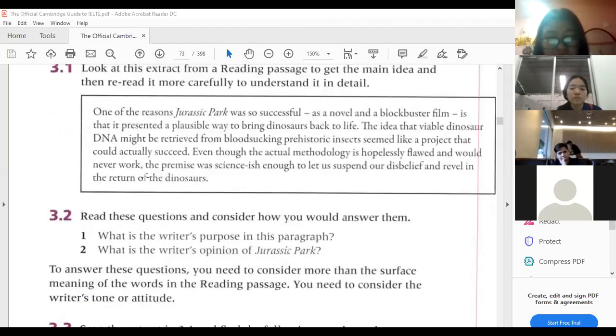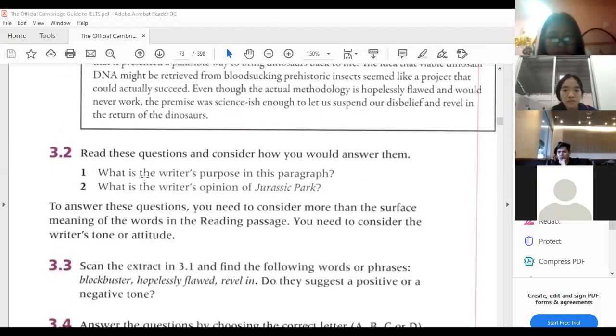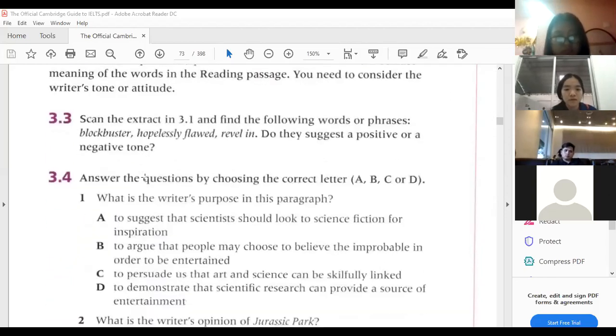Up here, we cannot find anything about art. They were just talking about DNA. They were just talking about methodology. Even though it's flawed, it would never work, but we believe and let us suspend our disbelief, blah, blah. So C is also eliminated, not persuading. We have B and D.